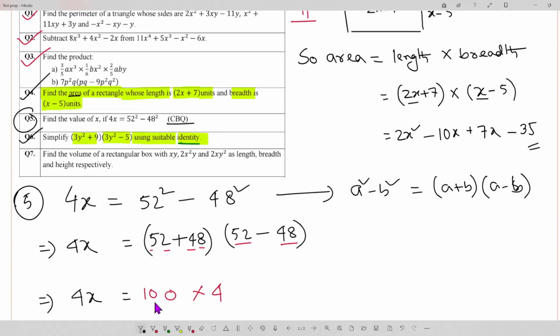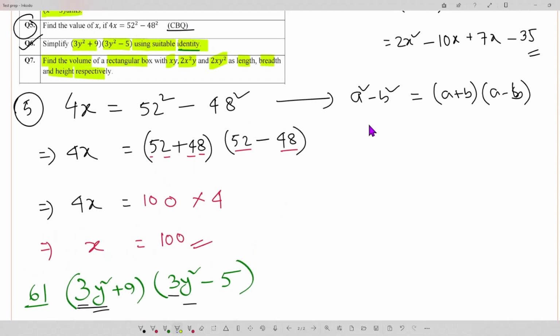Today's last question: find the volume of a rectangular box with xy, 2x square y and 2xy square as length, breadth and height respectively. So find the volume.